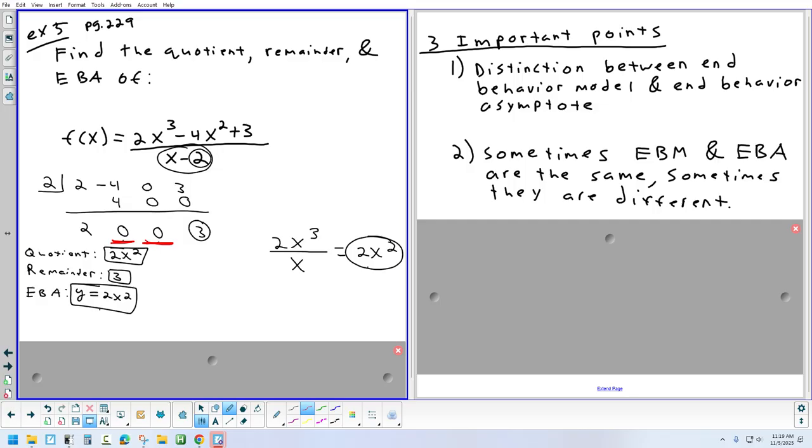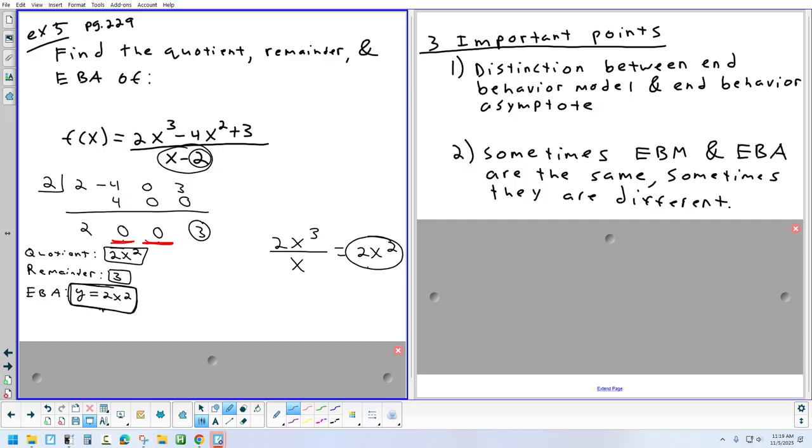Now, up until today, we've talked about two kinds of asymptotes. What are the two kinds we've talked about? Vertical and horizontal. Well, think about this one for a second. That's an asymptote: y equals 2x squared. If you graph that, is it a vertical line? No. Is it a horizontal line?